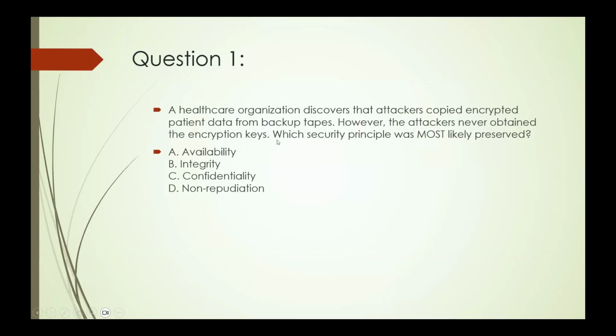What is the question asking? Which security principle was most likely preserved? Availability: the data was available to them, so it is gone. Integrity: they don't have the encryption key, so integrity is not affected. Confidentiality: yes, we can park this answer.